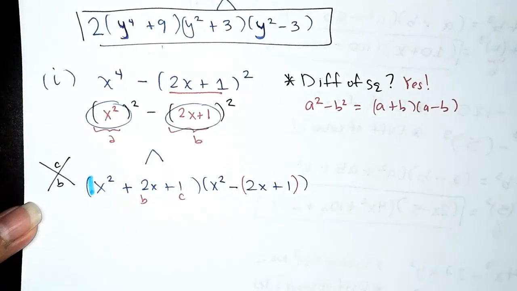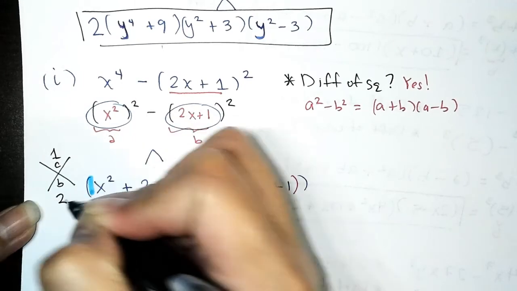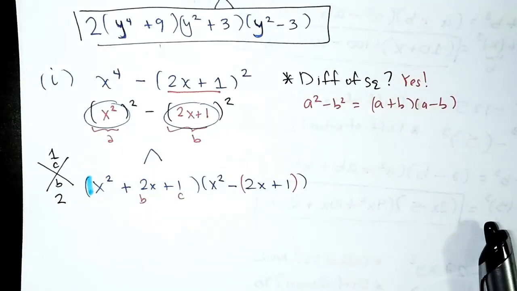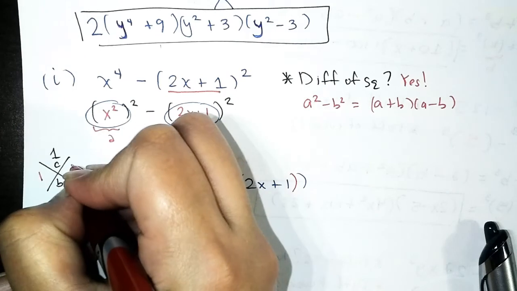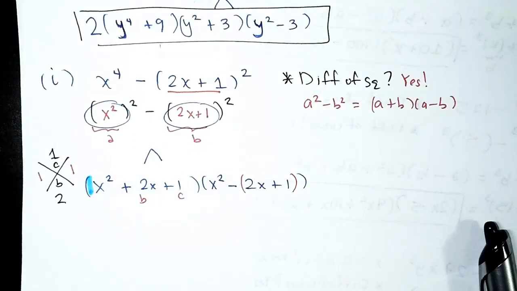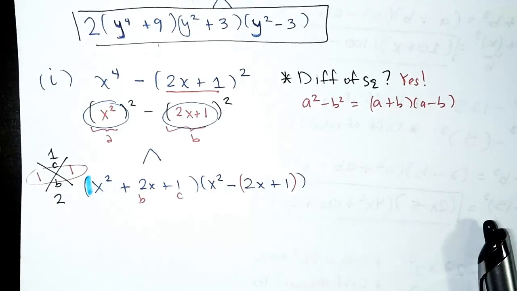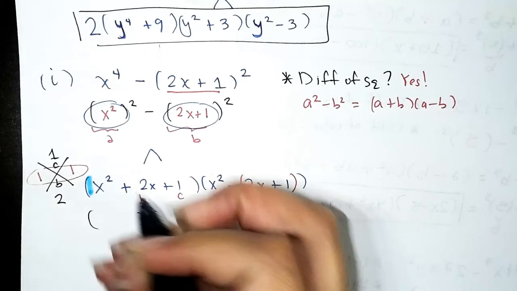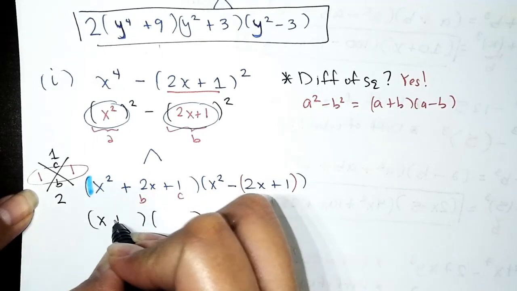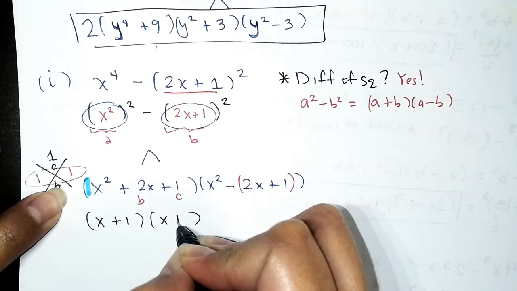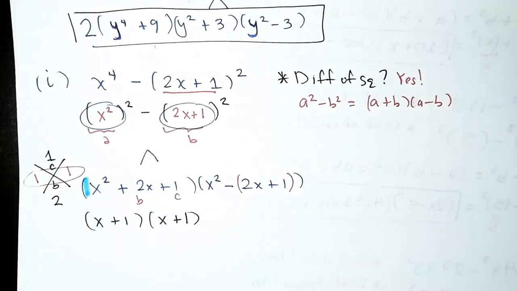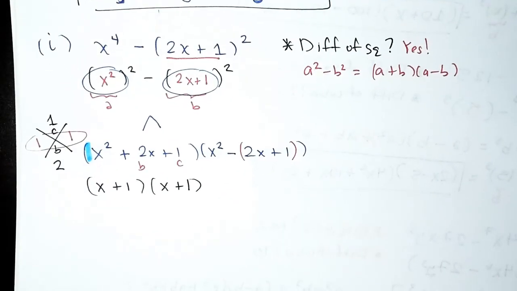Oh, look at you. There's a winner. Factors of 1 that add up to 2 are 1 and itself. So the moral of the story is this: if the X game has a solution, then the trinomial is factorable. So this should factor to x plus 1 times x plus 1. We have talked about how to factor trinomials whose leading coefficient is 1. I'll try to remember to link up the video.